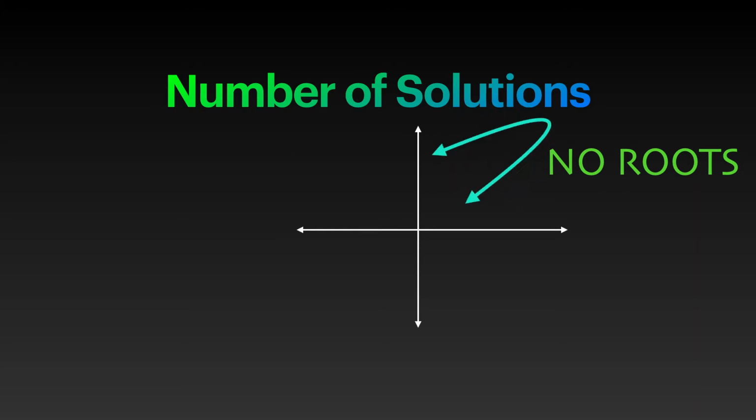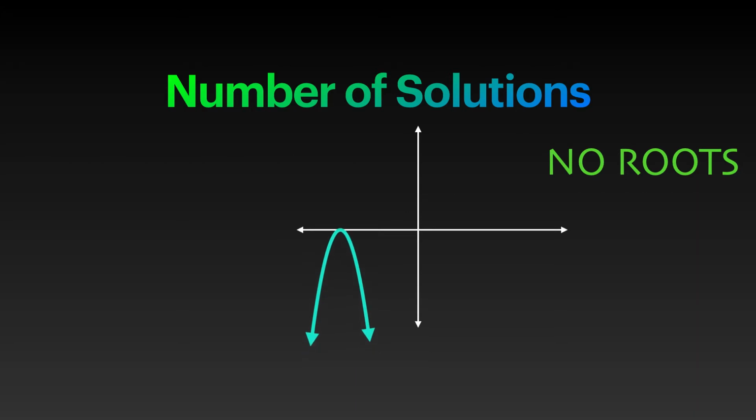Now, what if I'm down here in quadrant 3 or in quadrant 4? Well, in quadrant 3 or quadrant 4, it's never going to go through the x-axis because it's a downward parabola. It's just going to keep getting lower and lower and lower. So again, there are no roots.